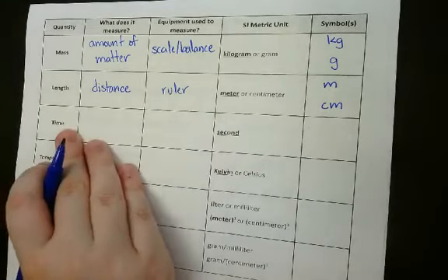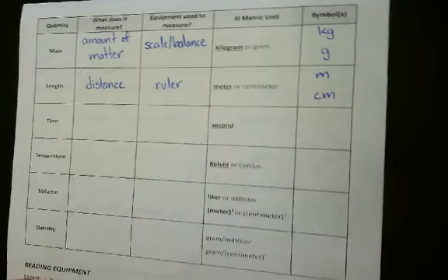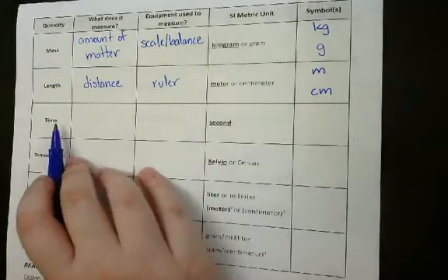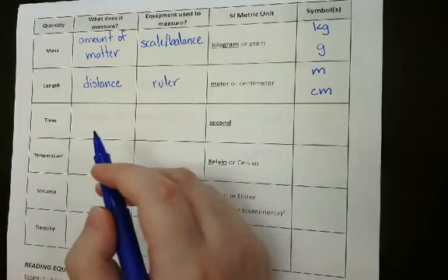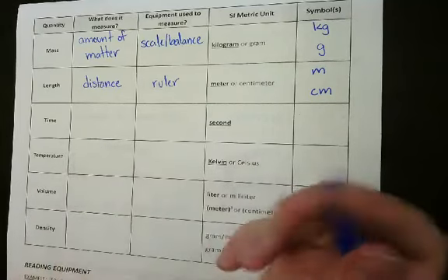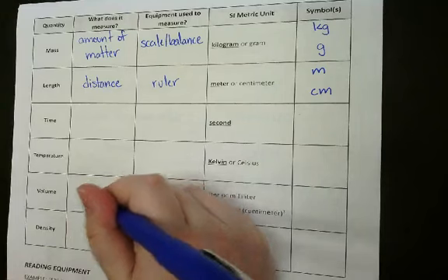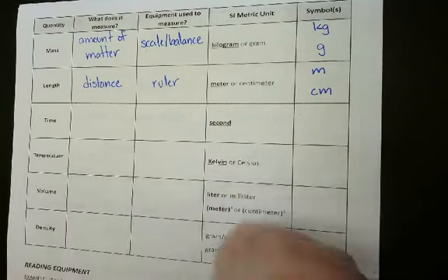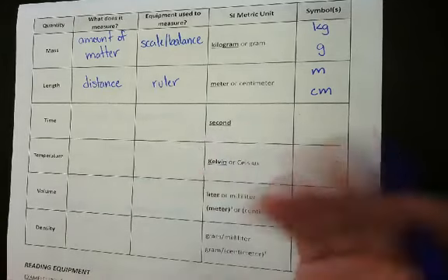Time is a little funny to think about because whenever we measure time, what are we measuring? Well, we're measuring time, right? But we're not writing down on our lab papers what the time is. We're not saying it's 1:59 p.m. We are measuring how much time this reaction took.